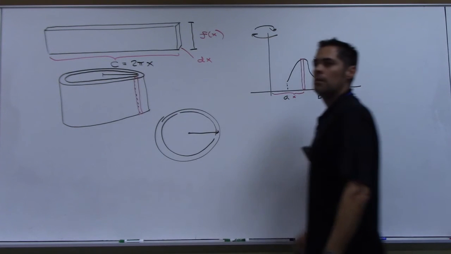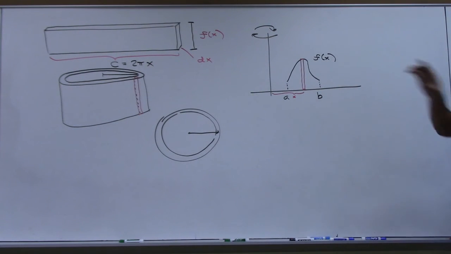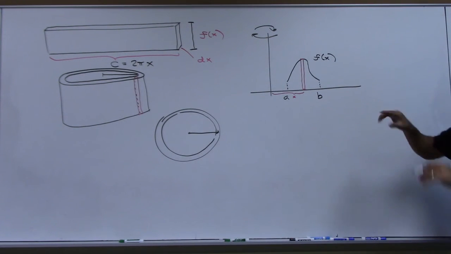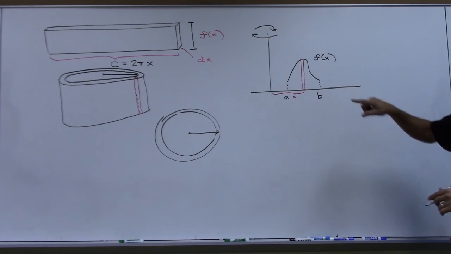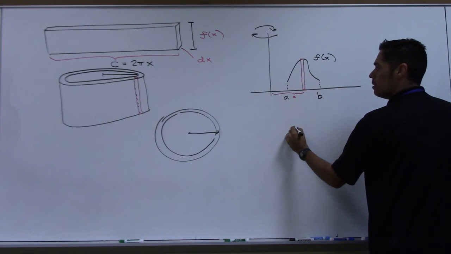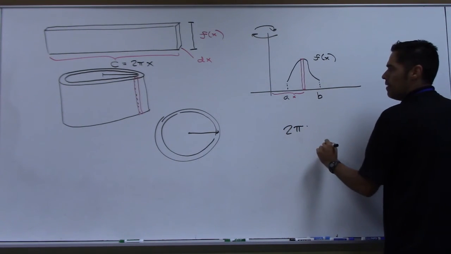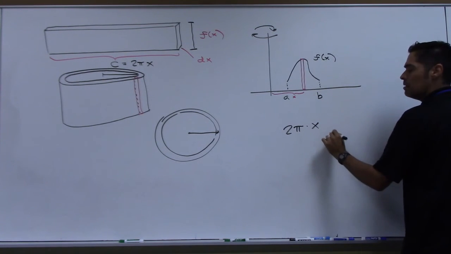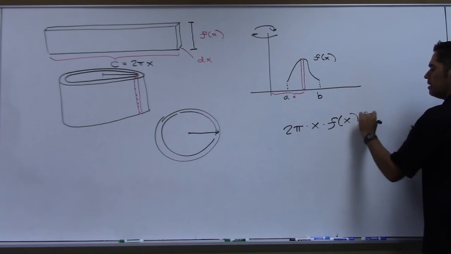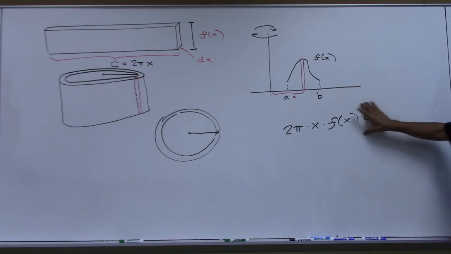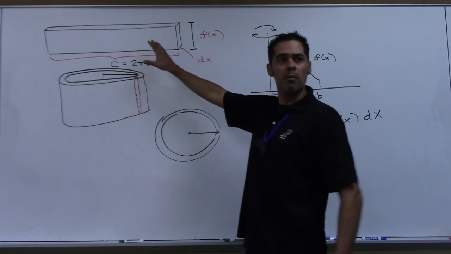And so the volume of that little slab that we've created is those three things multiplied together, which would be what? Give me the constants first. 2 pi. And then how about x, f of x, dx? That would be the volume of that slab. And what do I want to do?